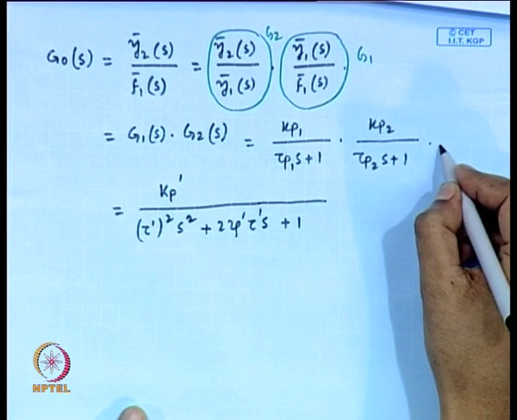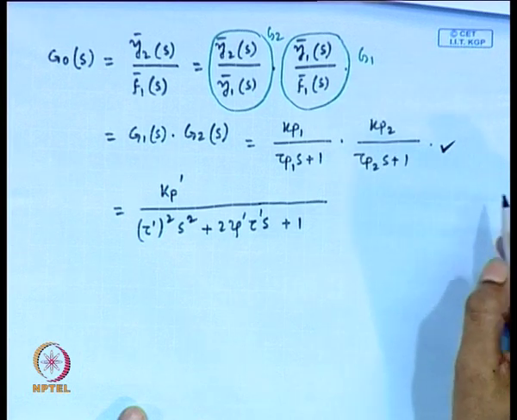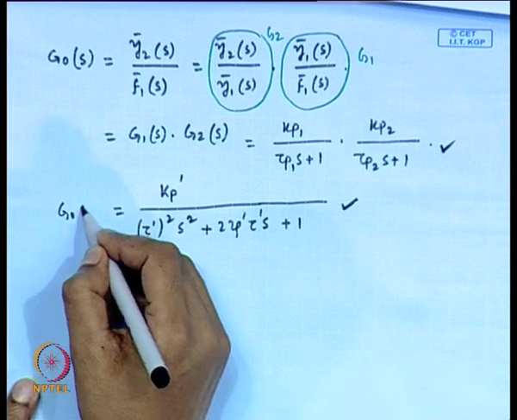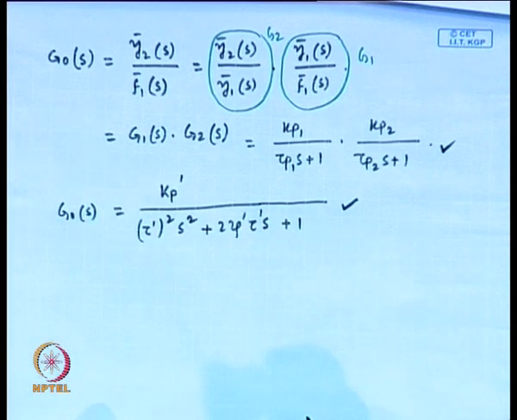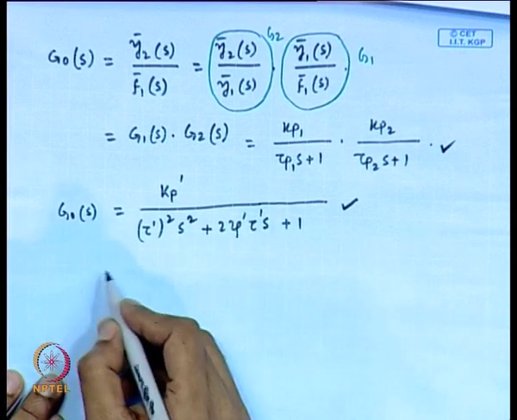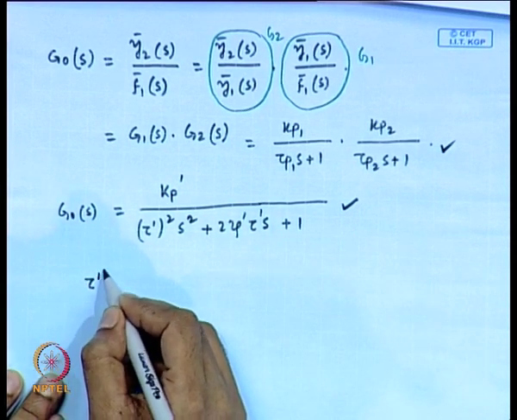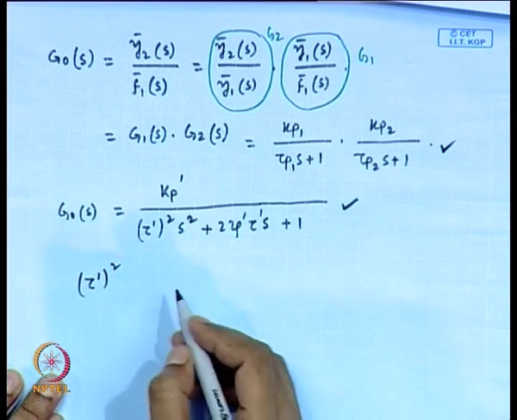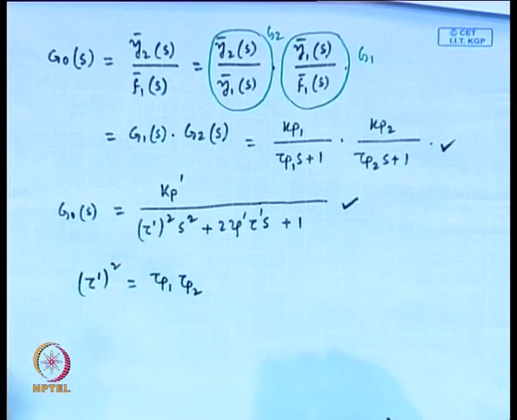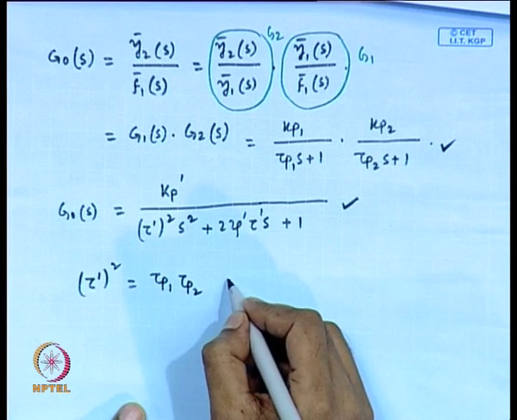We can write this equation in this form: g naught s equals k p prime divided by tau prime whole square s square plus 2 zeta prime tau prime s plus 1, where tau prime whole square equals tau p 1 tau p 2. Fine.